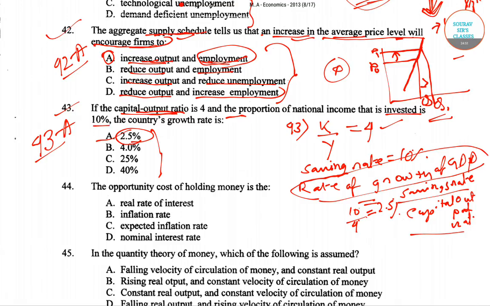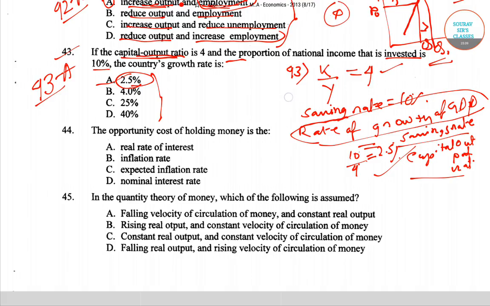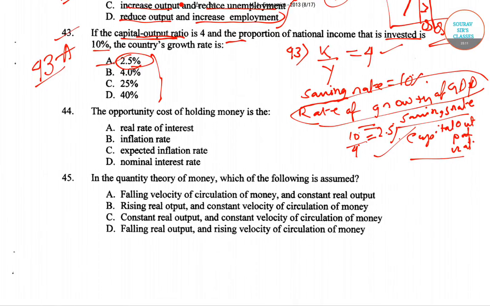The growth rate of GDP is equal to the saving rate divided by the capital output ratio, for which we get the value to be 2.5%. Now we'll go straight to the next question, which is the question of opportunity cost.